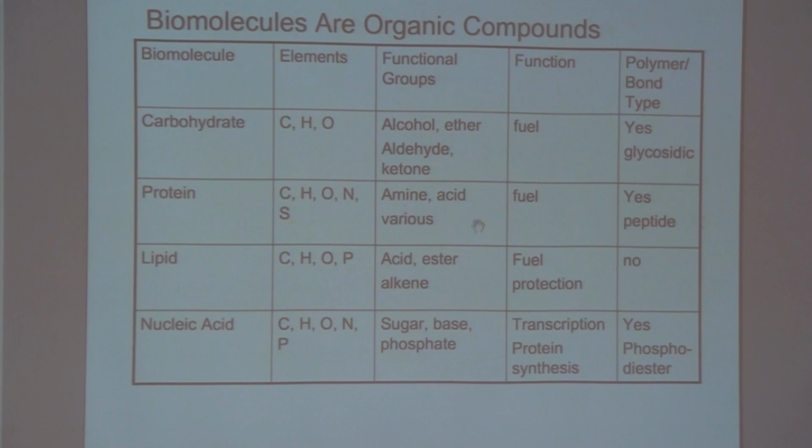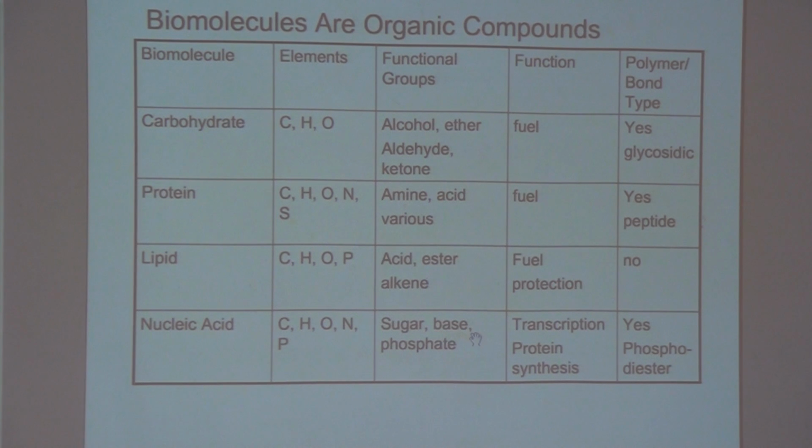Okay? For protein, we looked at this before. When amino acids connect together, they form a polymer. That polymer is called the protein. The bond which connects the amino acids together is called the peptide bond. That's that carbon-nitrogen bond. Lipids are very big molecules, but they're actually not polymers because they're not repeating groups of the same substance.